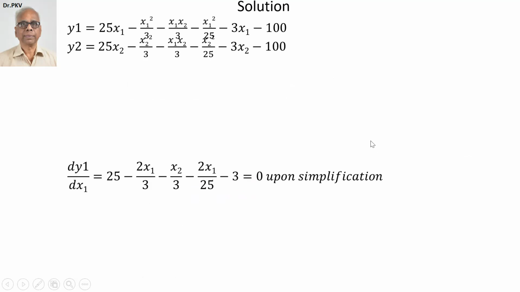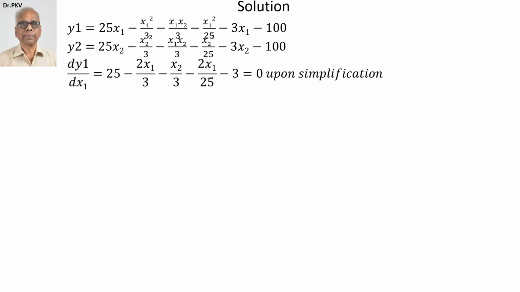Now dY1 by dX1 equal to 25 minus 2X1 by 3 minus X2 by 3 minus 2X1 by 25 minus 3, the differentiation we apply. We'll have to set the first derivative equal to 0. Upon simplification this becomes 56X1 plus 25X2 minus 1650 is equal to 0, equation number 1.